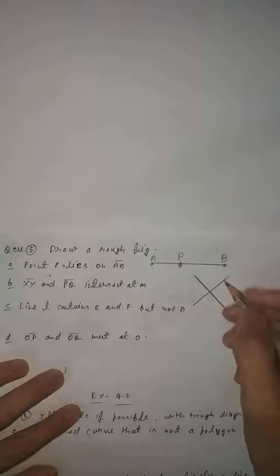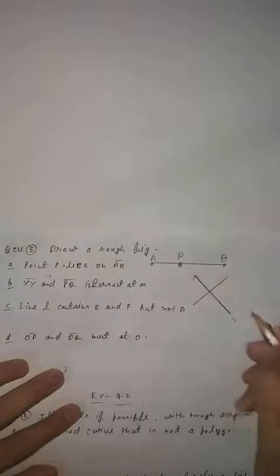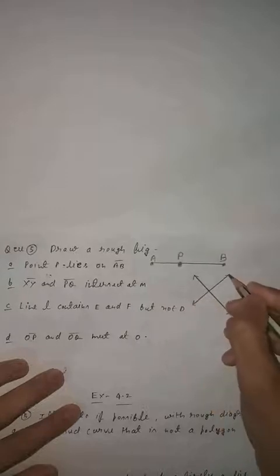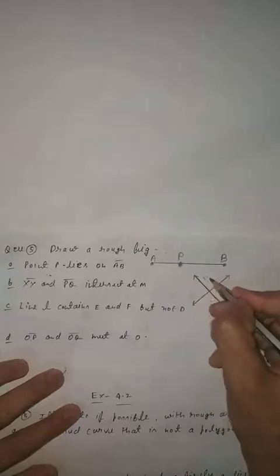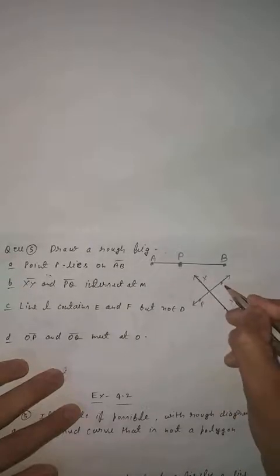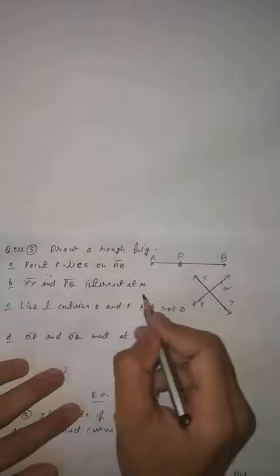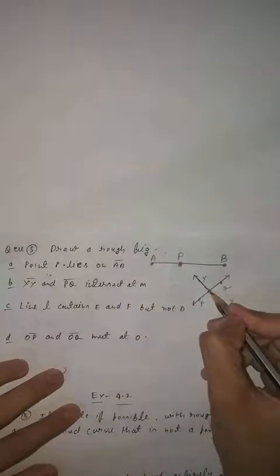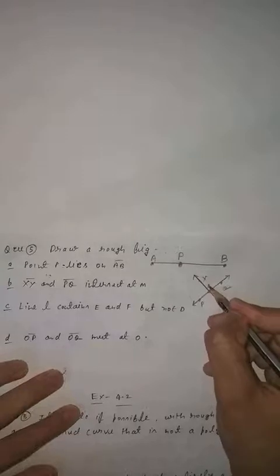So here you can write XY and PQ. So here you write X, Y, P, Q. Clear, students? And intersect at M. Yani the meeting point is M.